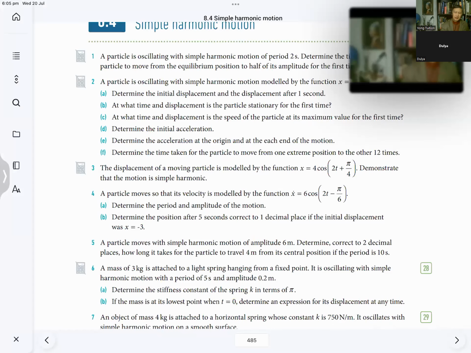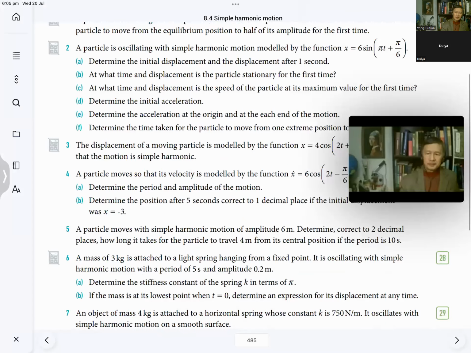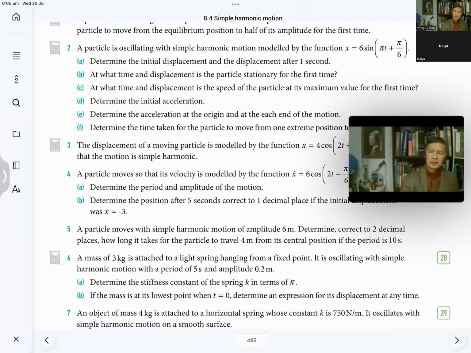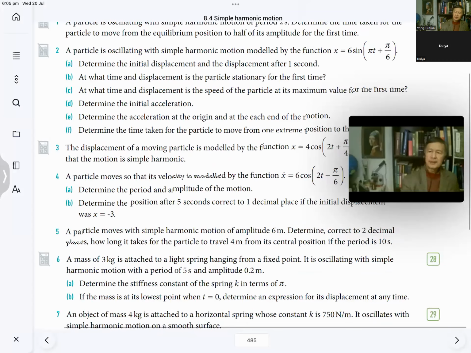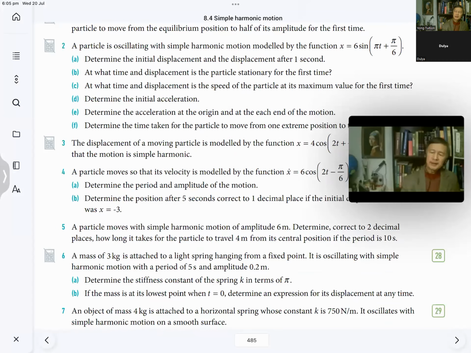Can we start from question 3, or we can start with question 2. They are the same. Can you see? They have pi. Now, could you tell me in this case what the period is, just using the knowledge we have? Look at the first sentence of question 2, at the end it says x equals 6 sine.